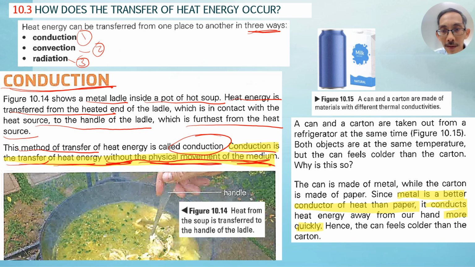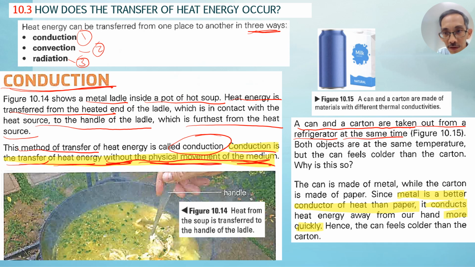Now look at the next part on the right side. There's an interesting scenario here. Let me guide you through. What you see here is a can and a carton. A carton here means it's made of cardboard, not metal. They are taken out from a refrigerator at the same time.